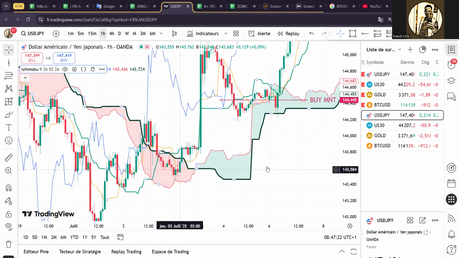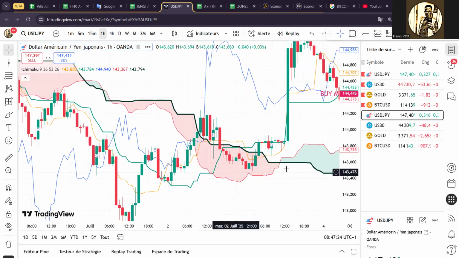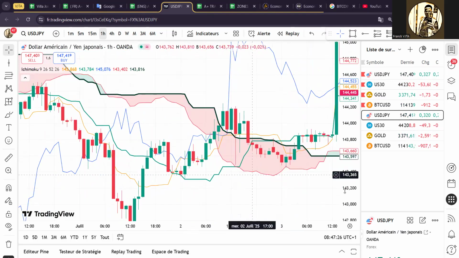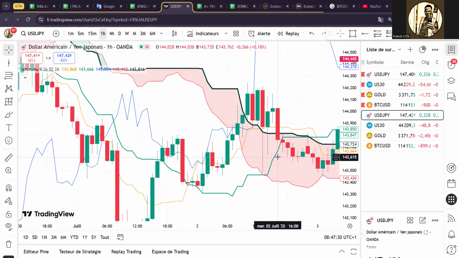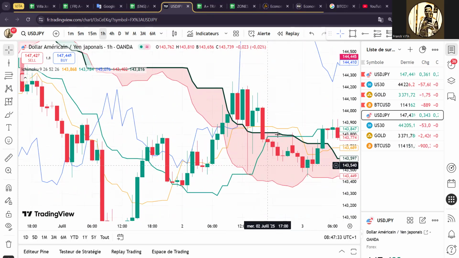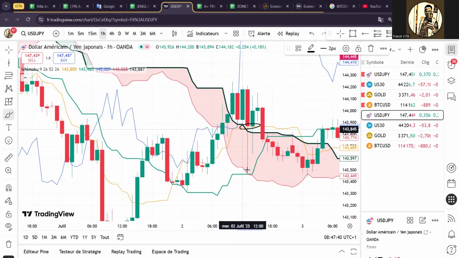This is another example of an inverted SSB. This one can be confusing, but it's very important that you handle this confusion. An inverted SSB works like this. Tenkan goes out of the cloud above SSB, but Kijun is still in the cloud, and the candles are above here. Now, see what happened.